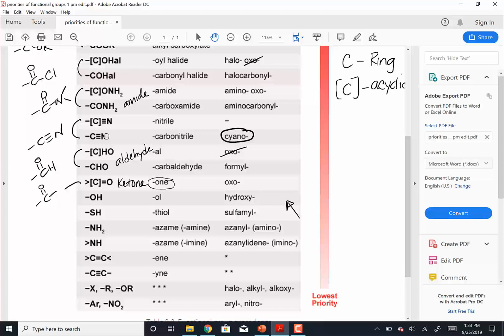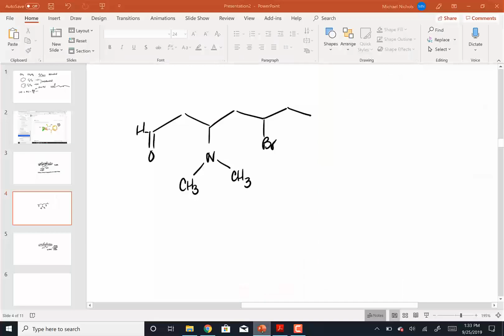Carboxylic acids, amides, esters, aldehydes. So anything that has to occur at the end of the chain gets some of the upper priorities. So in this case, even if I didn't remember that, I would know that the aldehyde beats the amine because it automatically has to come at the end of the chain. There's no way to make an aldehyde that doesn't come at the end of a chain unless you attach it to a ring, which we're not doing at the moment.